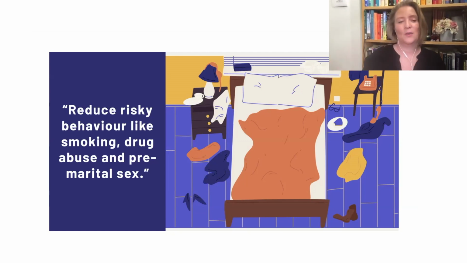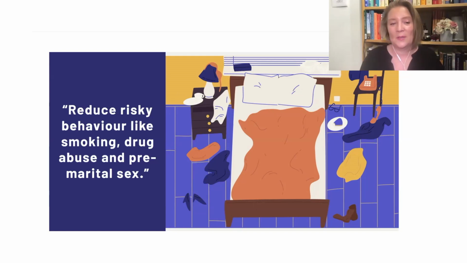And the risky behaviors included smoking, drug abuse, and premarital sex. And in this case, the media outlet had quite a problem, because lumping smoking, drug abuse, and premarital sex into a category called risky behavior is a very value-based opinion.